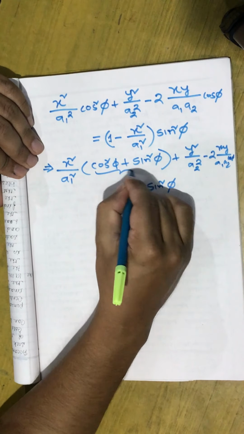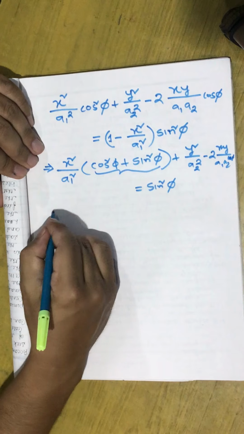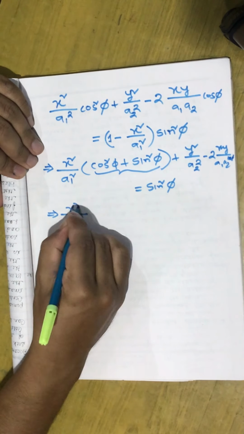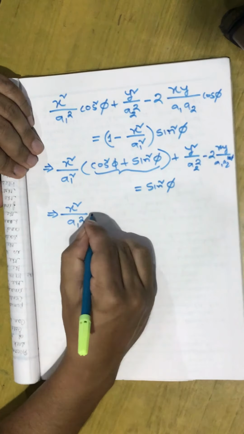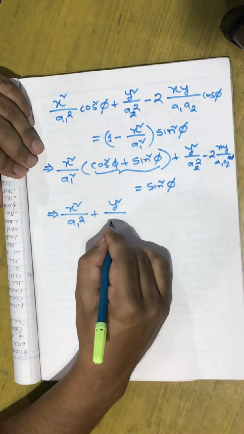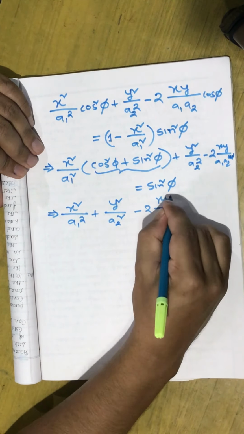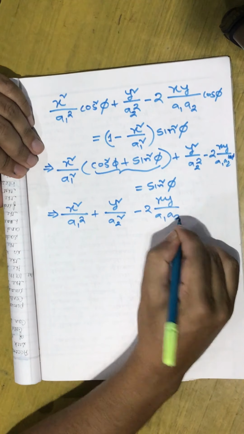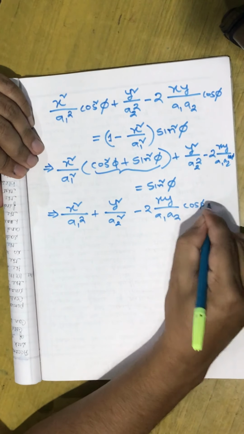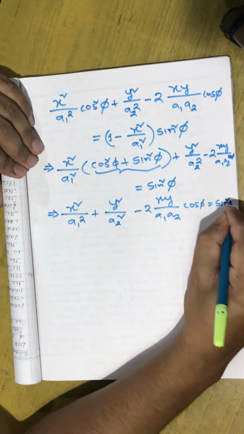Now I can take the minus x square by a1 square sin square phi to the left hand side, and finally we get x square divided by a1 square times cos square phi plus sin square phi, plus y square divided by a2 square, minus 2xy divided by a1 a2 cos phi, is equal to sin square phi. Since cos square phi plus sin square phi is equal to 1, we get x square divided by a1 square plus y square divided by a2 square minus 2xy divided by a1 a2 cos phi is equal to sin square phi.